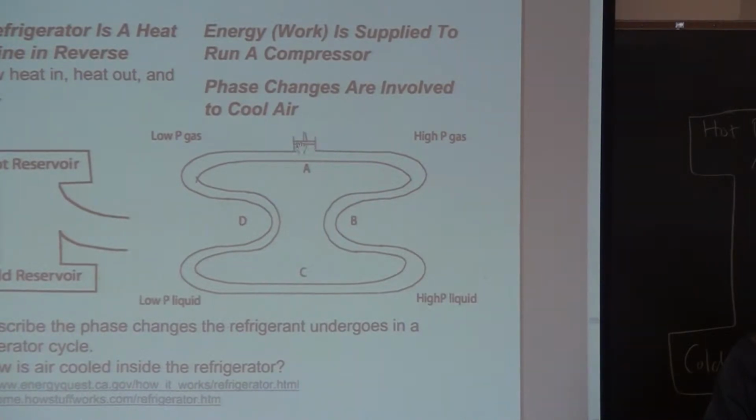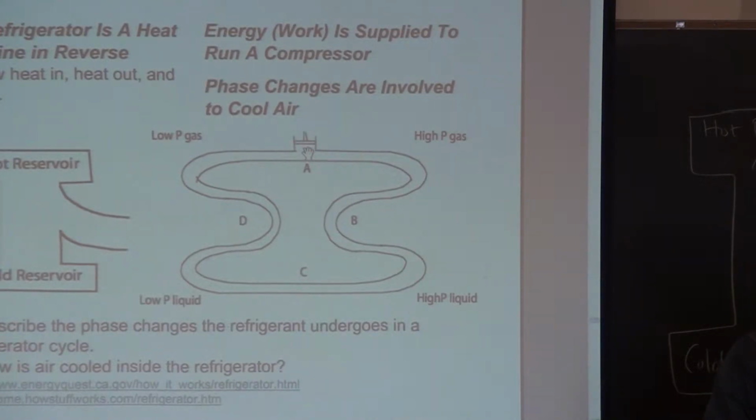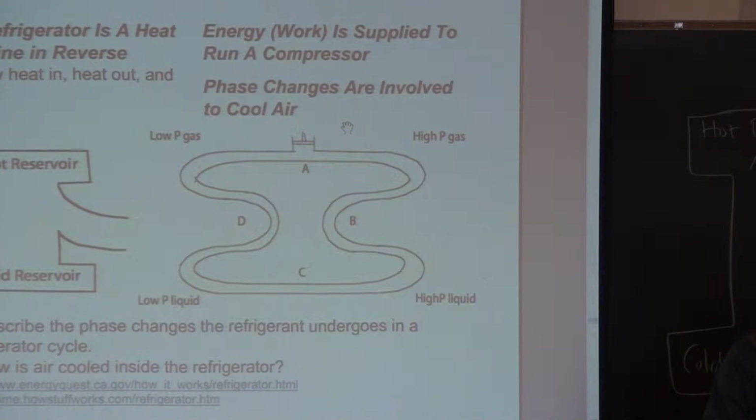So I guess you could say, if the tubing where the refrigerant is contained is a good conductor, will heat be transferred from the inside to the outside if the temperature in here is higher than the temperature outside? Yeah. Okay, so if it's a good conductor, heat will be transferred.